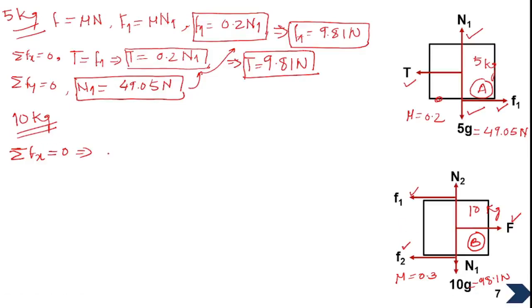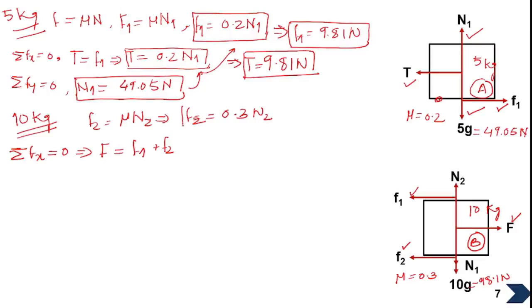We don't know F, we can write F equals F1 plus F2. We know F1 but we don't know F2. F2 will be mu into N2, but we don't know what N2 is, but we know mu. So F2 is equal to 0.3 N2.